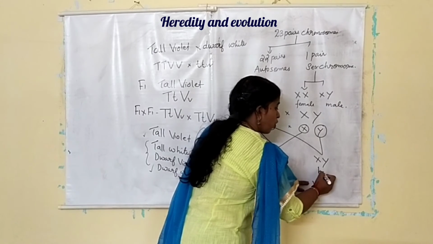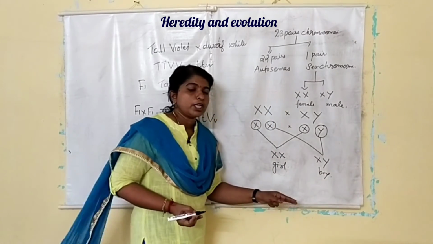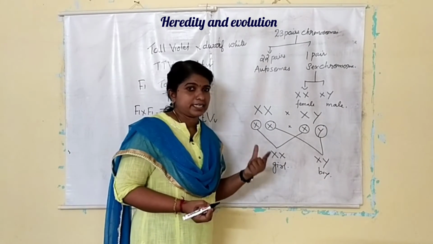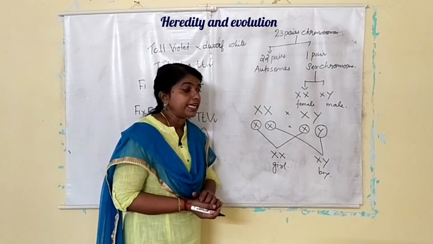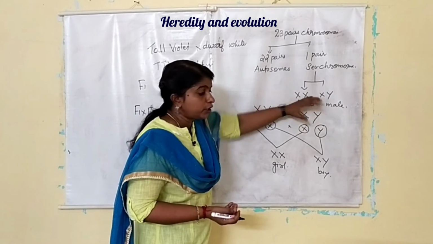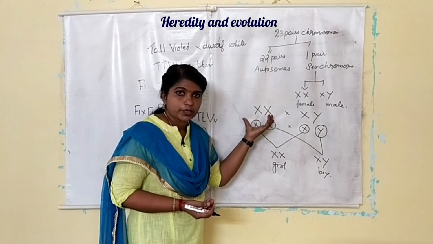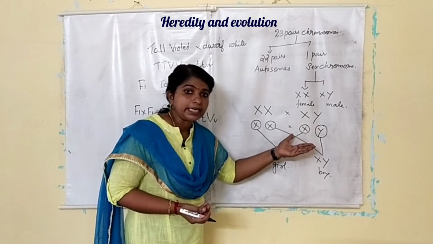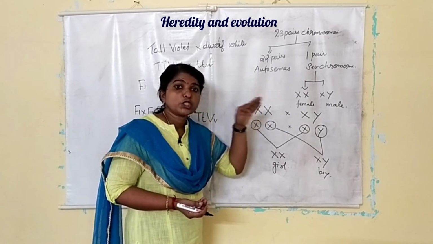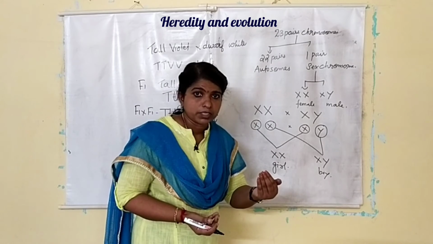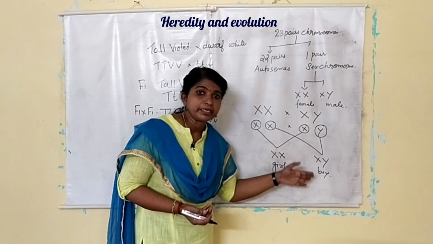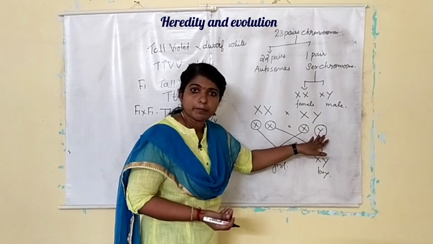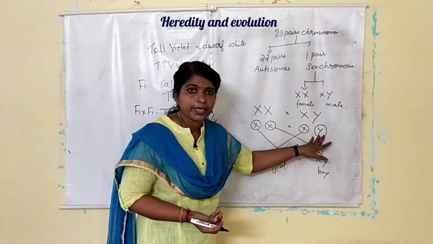So who actually determines the sex of the child? It is the father, not the mother. It is not deliberate, but the male produces two types of sperms, so the sex of the child is determined by the father.